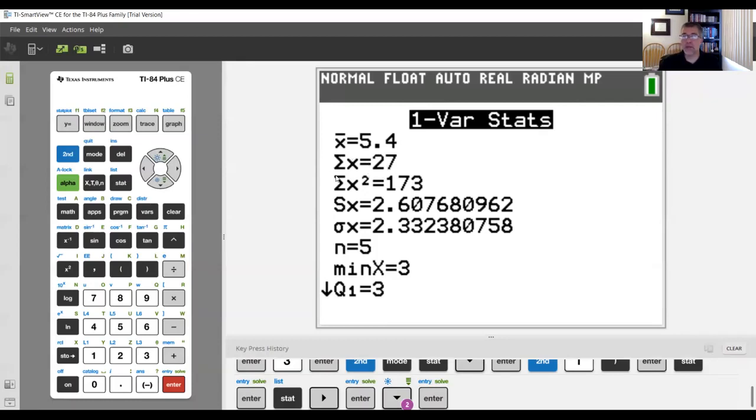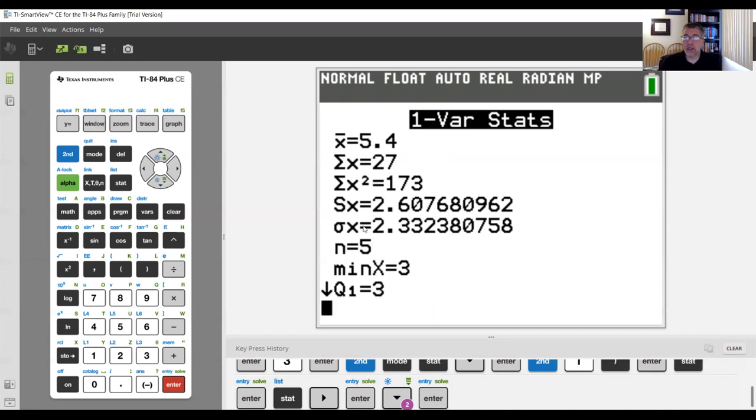The sigma, that M kind of on its side, is a Greek letter sigma, and that means sum. So sigma x is equal to 27. When I take 27 and divide by 5, I get 5.4. And so 5.4 is my mean.